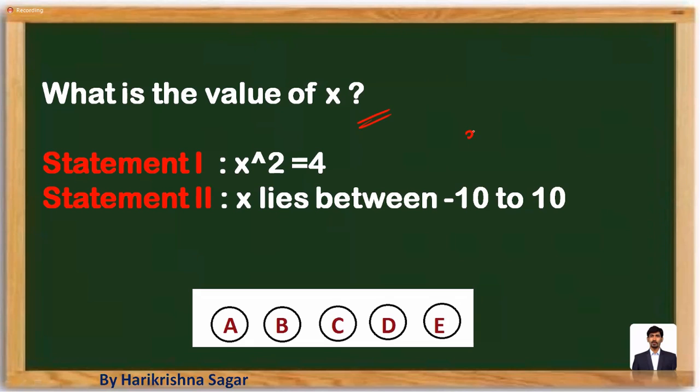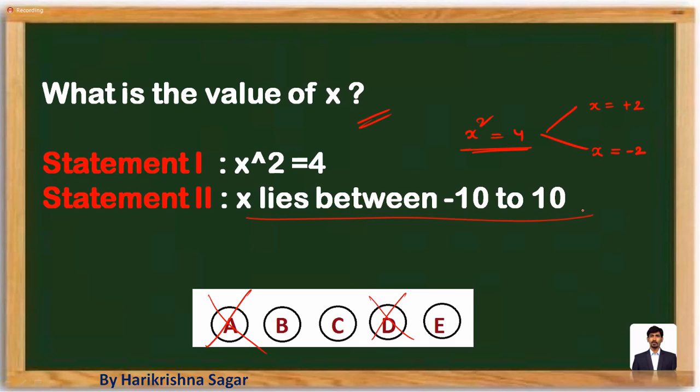In the first statement, x square is equal to 4. So x can be either plus 2 or minus 2. We cannot say the exact value of x using statement 1. That means options A and D are eliminated.